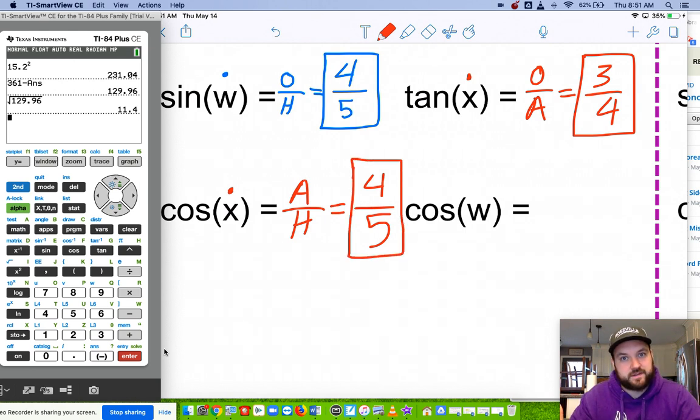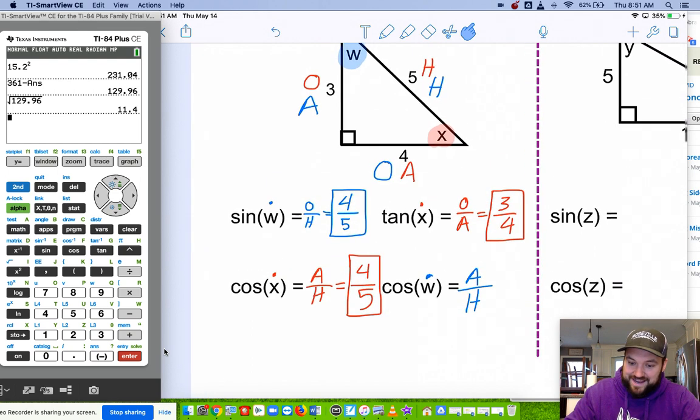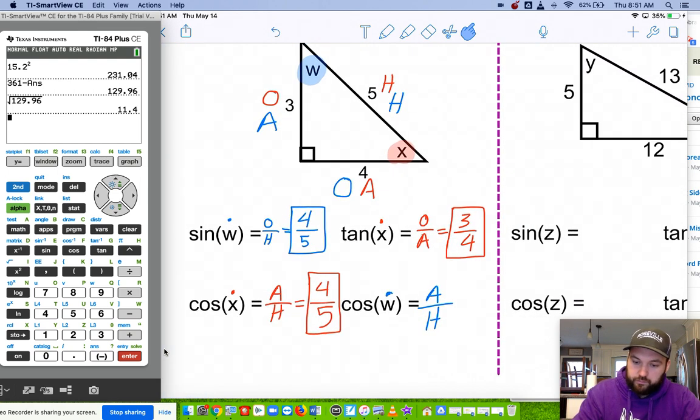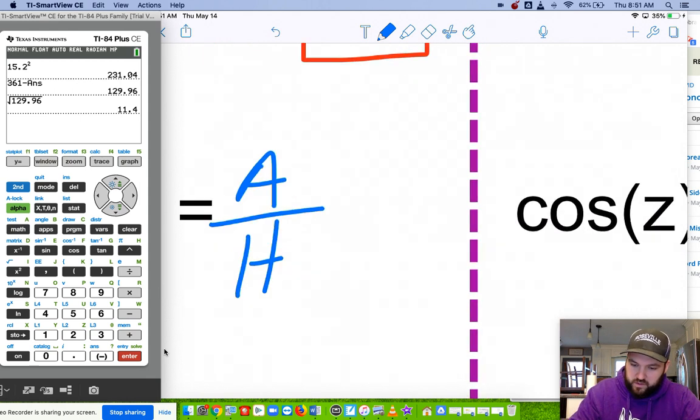Notice that's the same as the sine of W because you're referencing the same two sides, the 4 and the 5. And then finally, the cosine of W. Angle W was in blue. Cosine is adjacent over hypotenuse. The adjacent side to W, here's W, the adjacent side to that is the 3. So this is going to be 3 over 5.